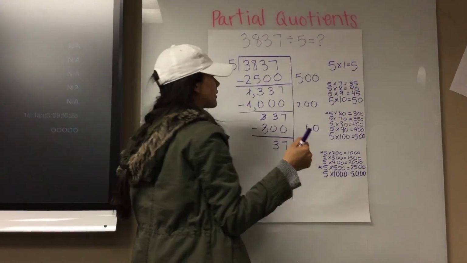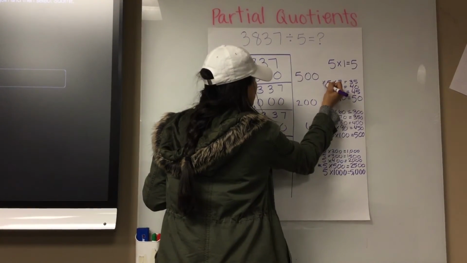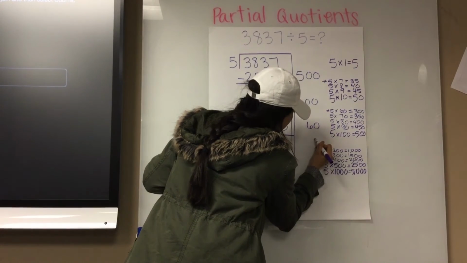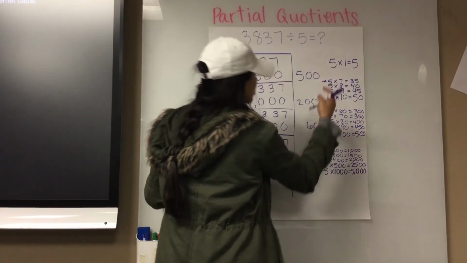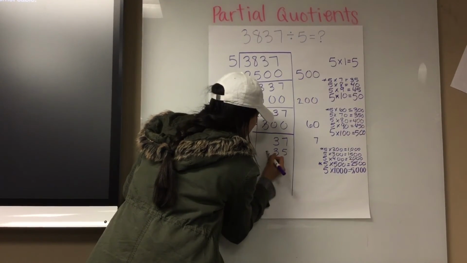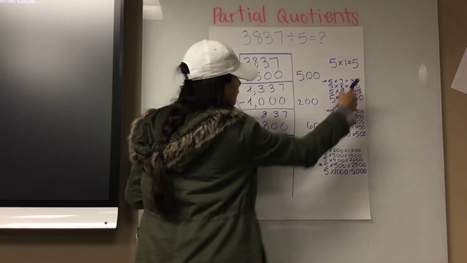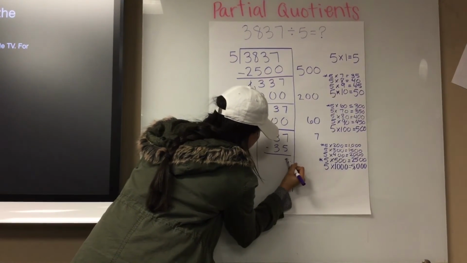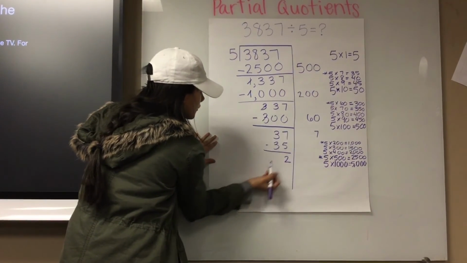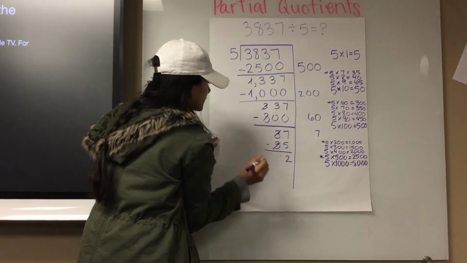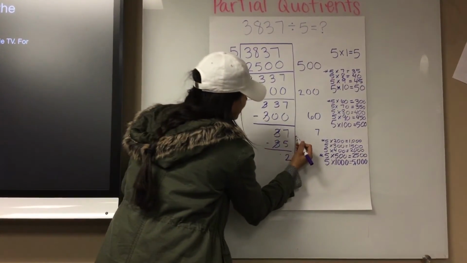So we'll write the 7 from that problem under the 60 on the right side. And we'll take our 35 and subtract it from 37. 7 minus 5 equals 2, and our 3's will cancel out. So then we're left with 2 because nothing lower can go into that.